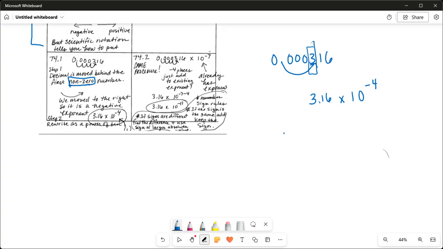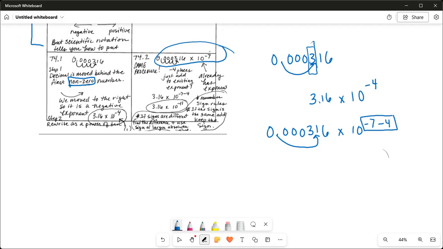Okay. So use the same procedure if you have a problem where it's already in scientific notation form and you're just simplifying it. So in this case, it's the same number, but it's times 10 to the negative 7th. We're still moving it 4 places. That's still a negative 4, but now we have to add these two exponents together.